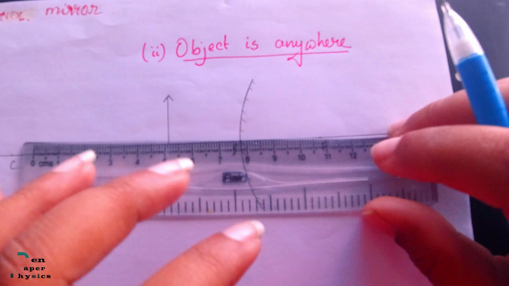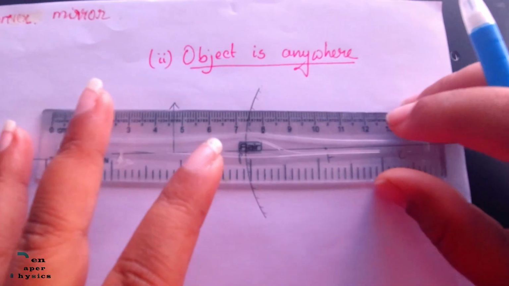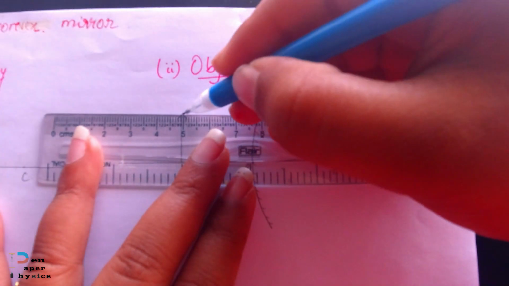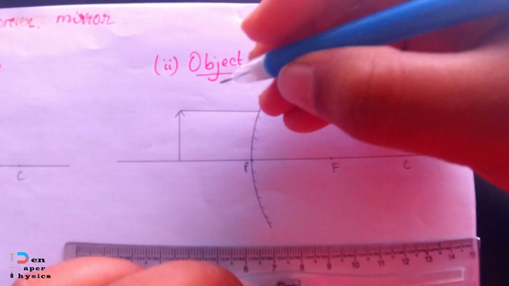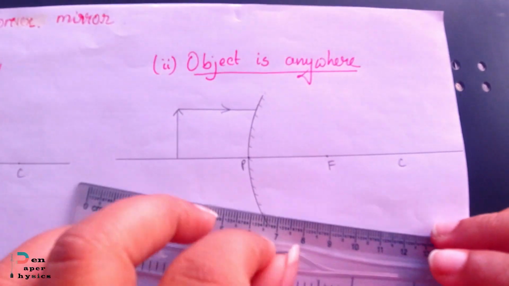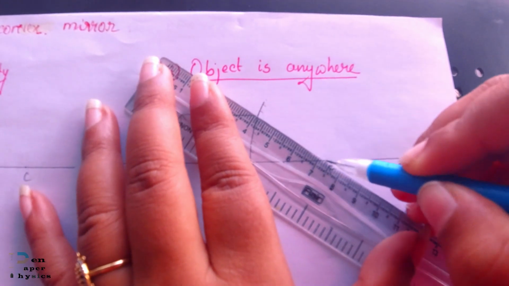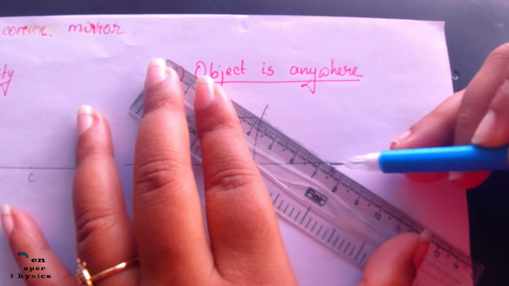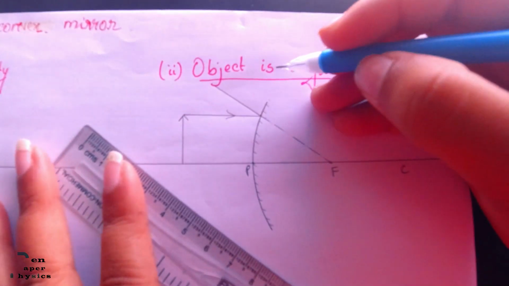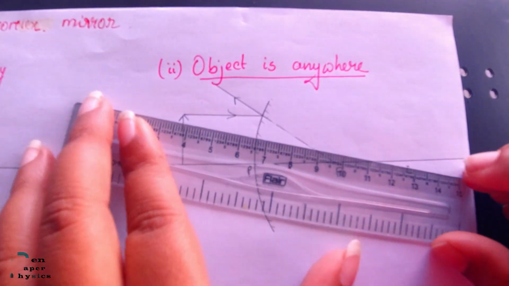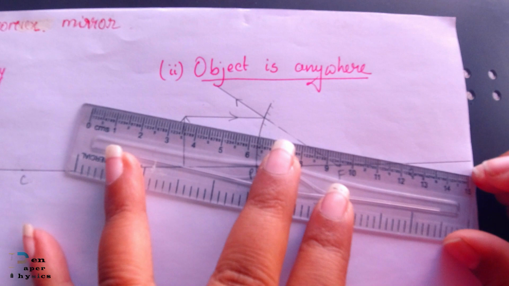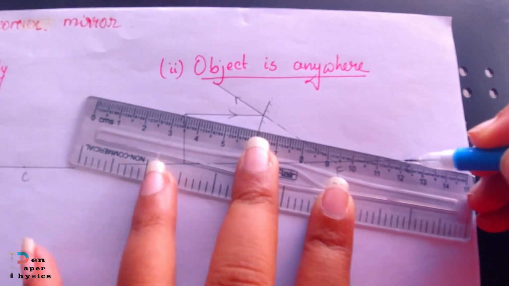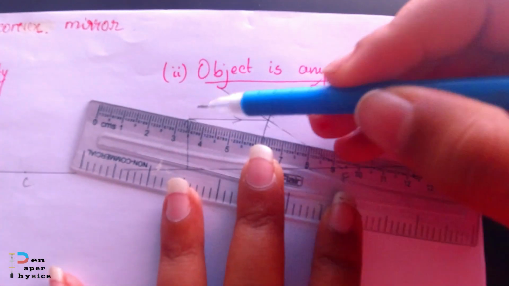Now let us learn how to do this ray diagrams in exam. First you draw the object in front of the convex mirror. Then draw a parallel ray. And join the focus and the point of incidence with a dotted line and extend in front of the mirror. Then join the tip of the object and the point C. But remember, behind the mirror you will draw the ray with a dotted line.